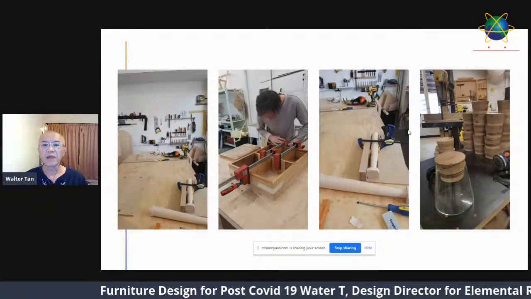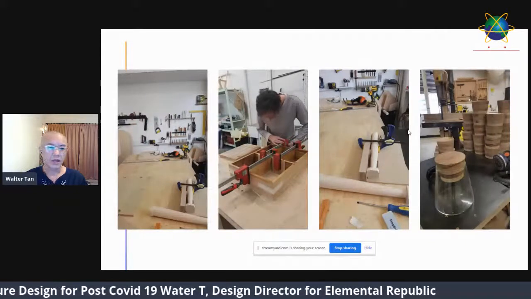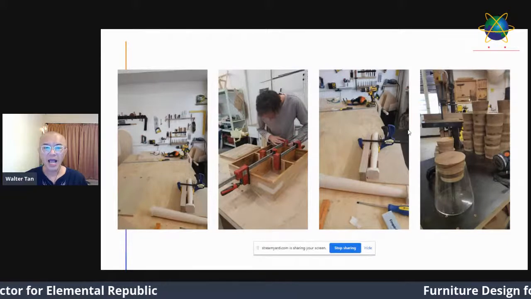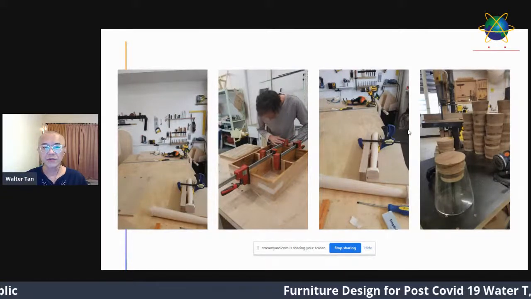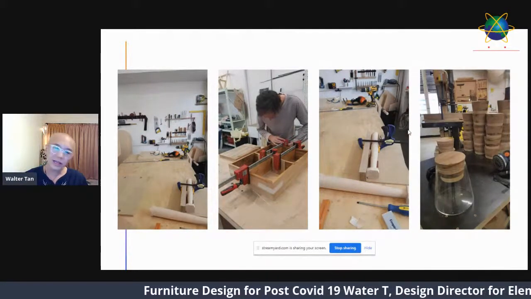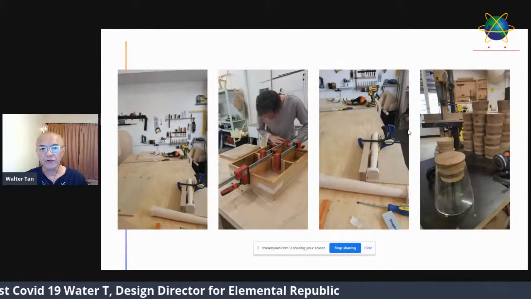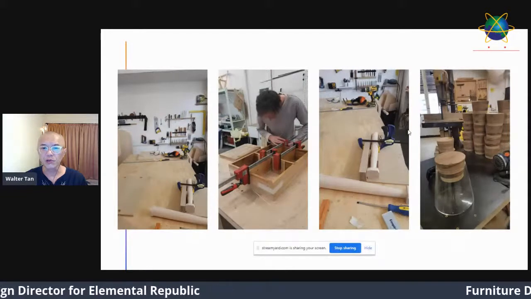It involves money as well. Once you make a prototype, for example a chair, it might cost 2-3,000 ringgit a chair, and normally a prototype is not finished in one time. They have to make and remake 3 times.